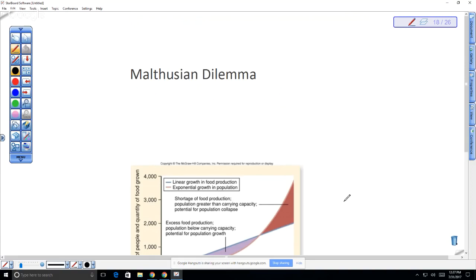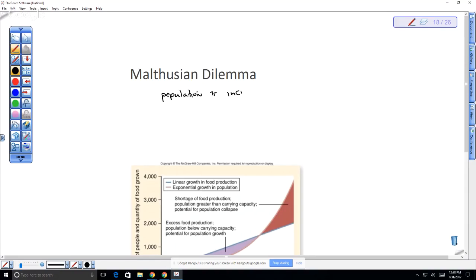So in the Malthusian Dilemma, this is the idea that food increases in a linear fashion, but the population is increasing exponentially.